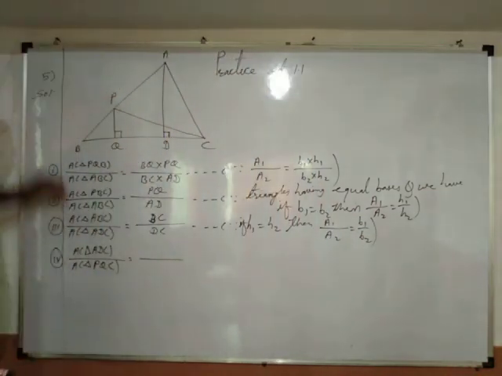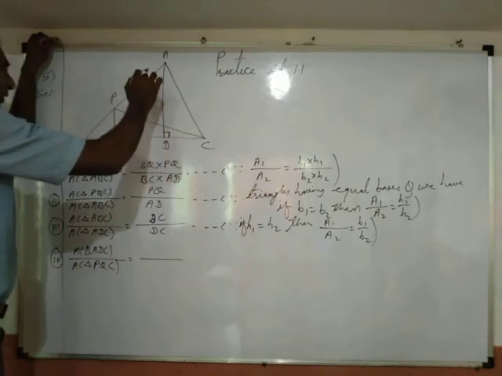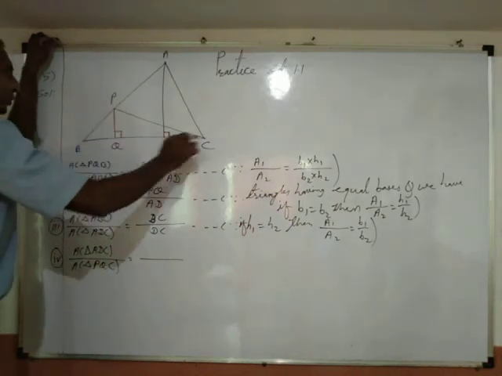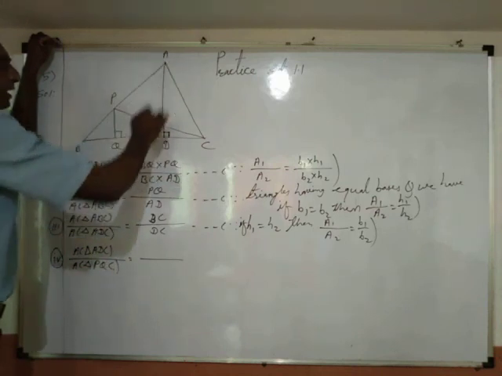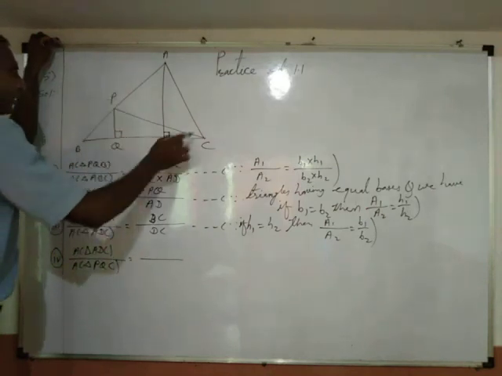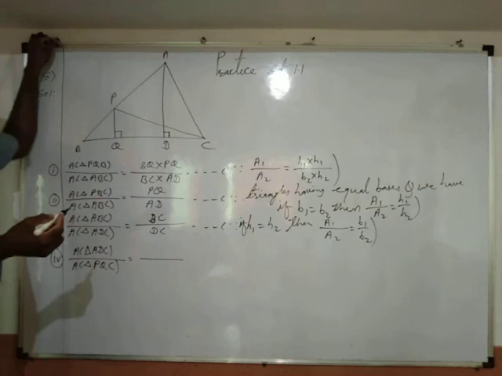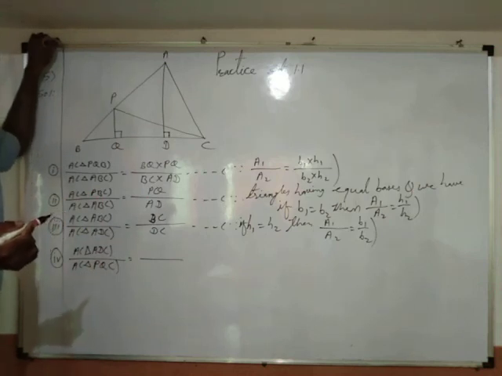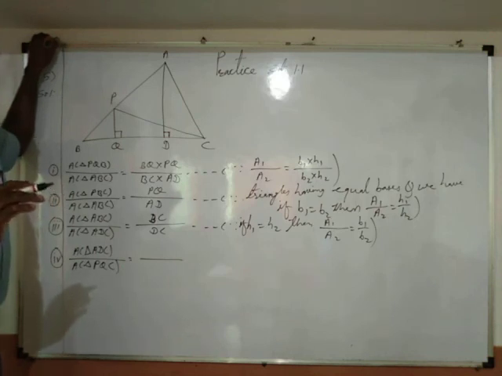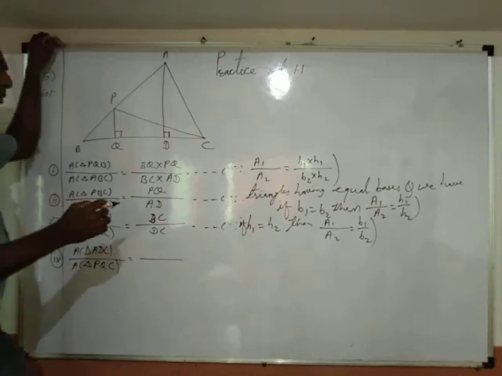Now the last and best case, area of triangle ADC upon area of triangle PQC. In triangle ADC, DC is a base, AD is a height. In triangle PQC, QC is a base, PQ is a height. Here we are going to apply the property of the ratio of areas of two triangles.